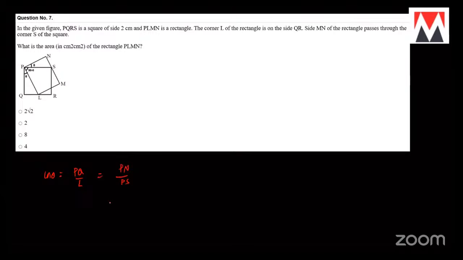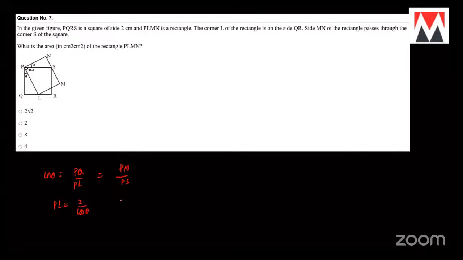Right? PN by PS. It's given a square of side 2. So PS, you can take PQ. I'll write PL, sorry. This is PL. So I know PL is equal to 2 by cos theta. The side MN of the rectangle passes through the square.